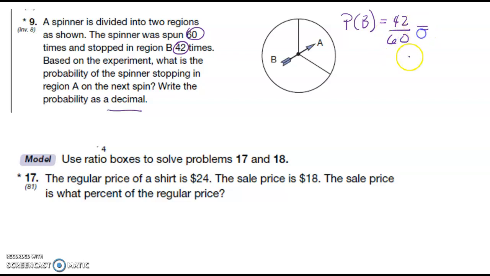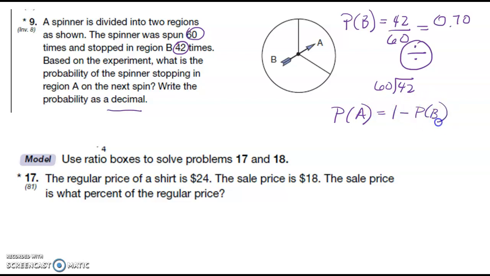And as a decimal, I'm going to divide 60 into 42 to get my decimal. I have 0.70. Now this is the probability of B. So the probability of A is going to be 1 minus the probability of B. 1 minus 0.7 is going to be 0.3.